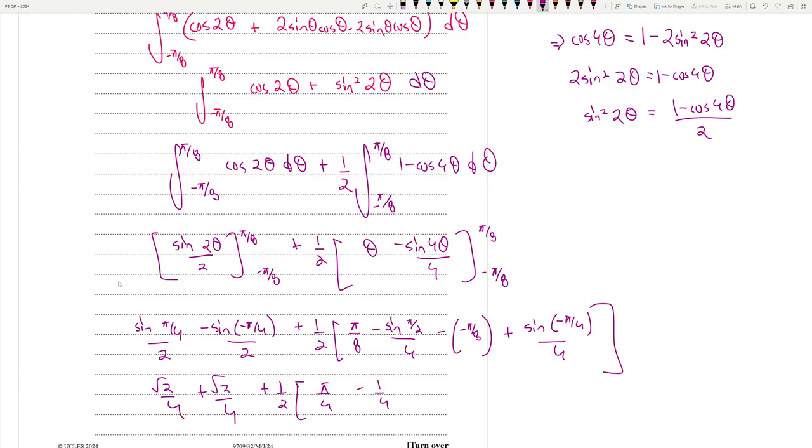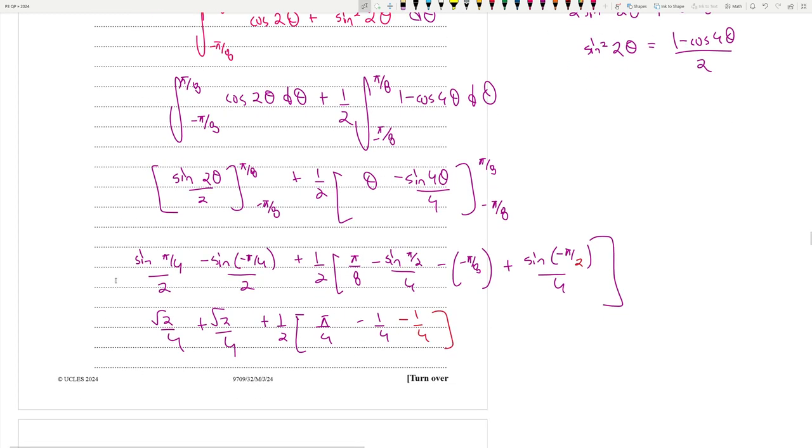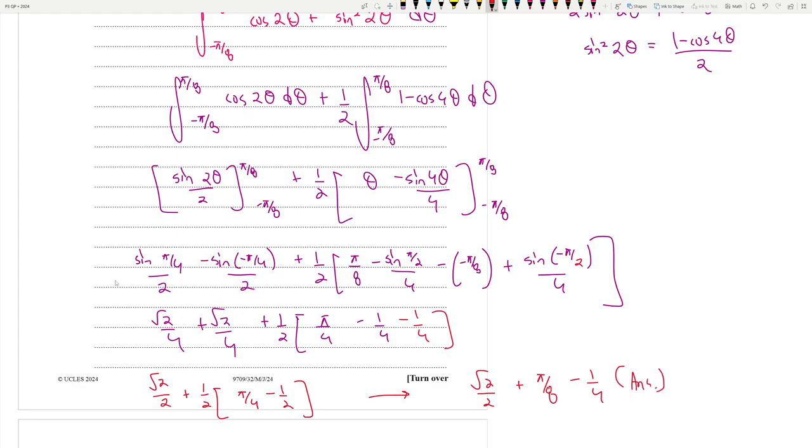It's pi by 2, right? 4 by 8, that's 2. Sorry. Okay, minus 1 by 4 again. So basically it's root 2 by 2 plus half pi by 4 minus half. So essentially we end up with root 2 by 2 plus pi by 8 minus 1 by 4. Yes, that is our answer.